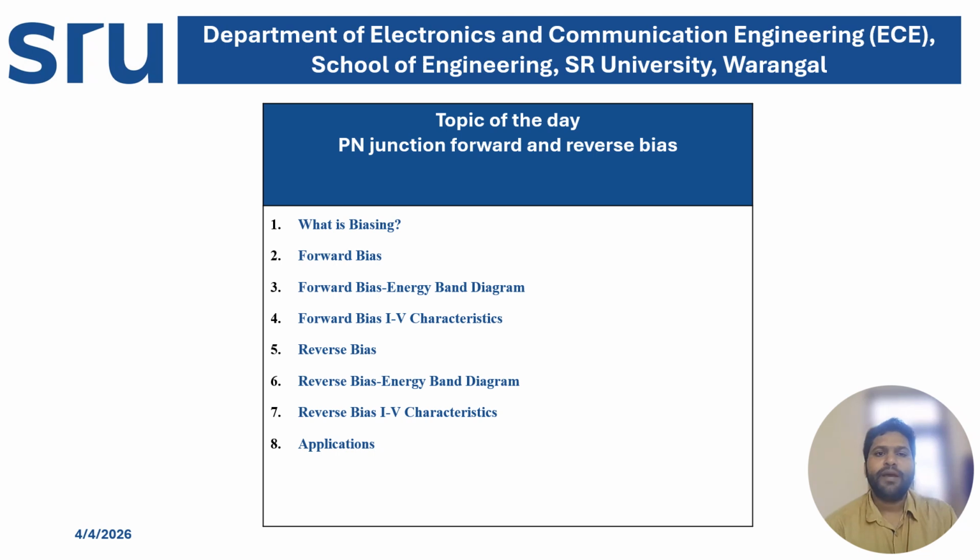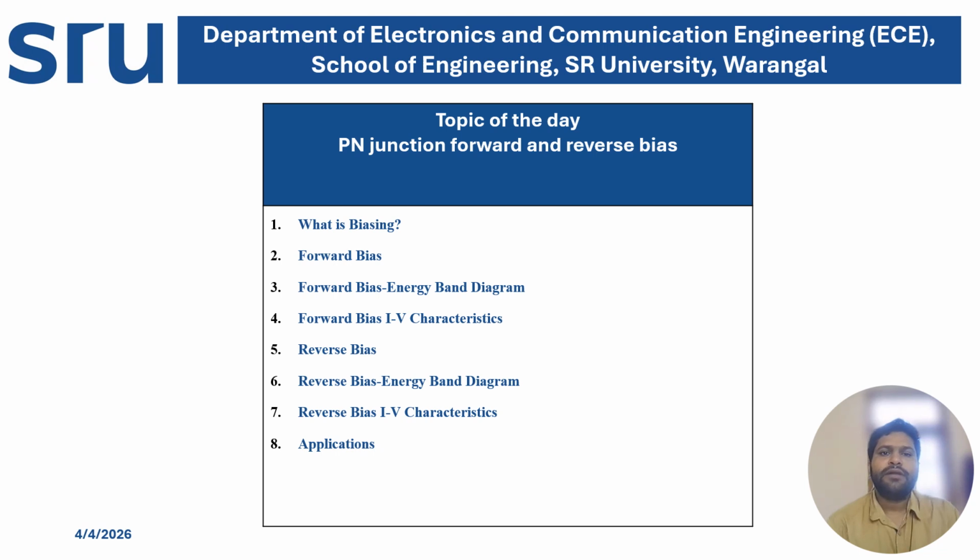Why do we need biasing? In a PN junction there is a depletion region and a built-in potential. At equilibrium, no external voltage is applied and there is no net current flow.